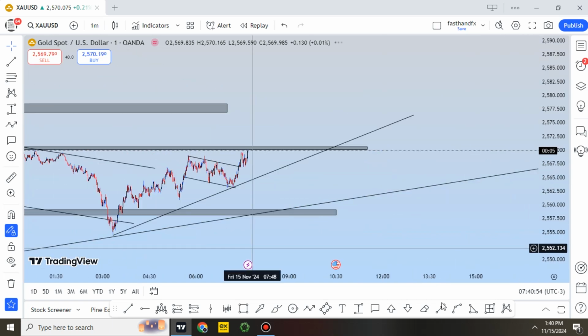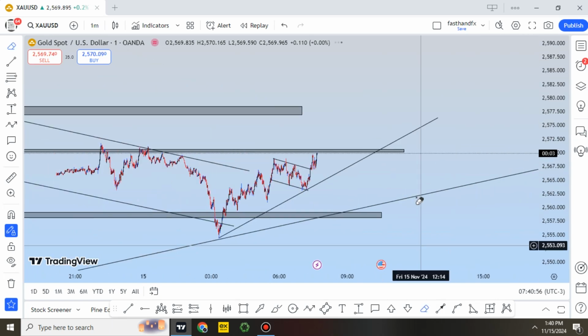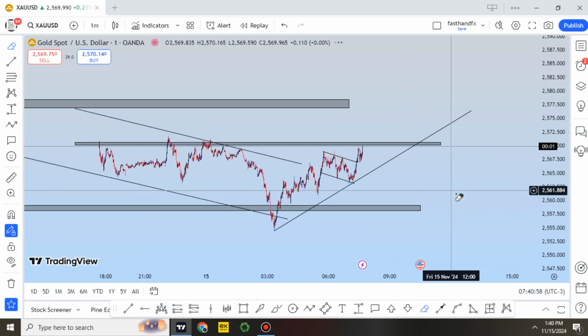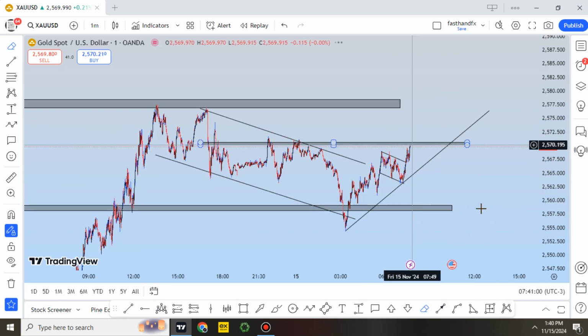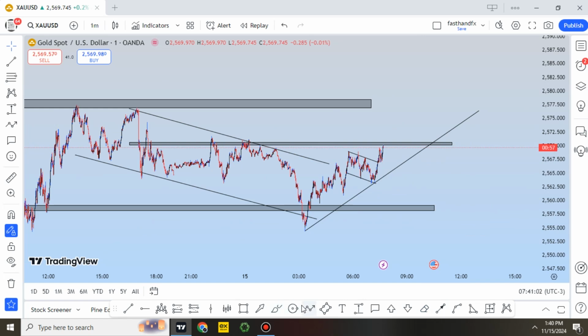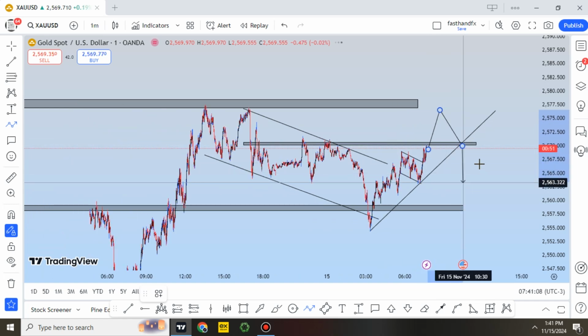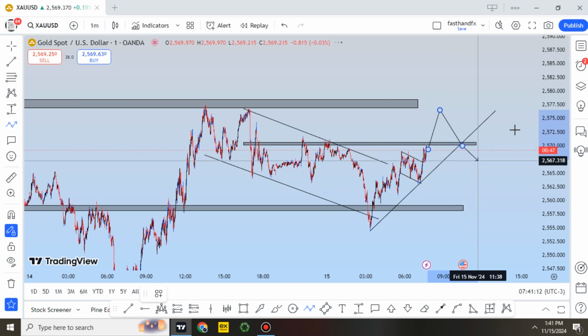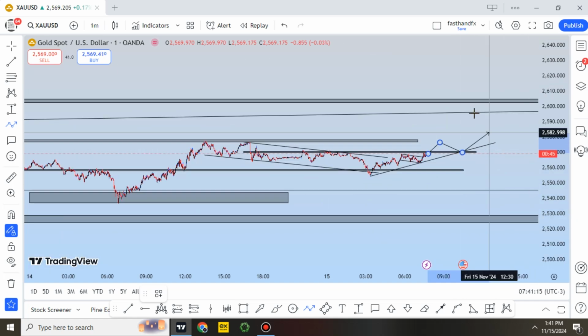So all we need, like I said before, is to understand what gold wants to do over this level right here. Because if it breaks above, we anticipate that correction right there, then this should be a good possible buy entry, only if I see good bullish confirmation right there. And of course we target our level right there. Let's see.